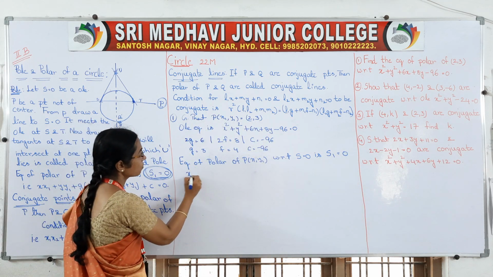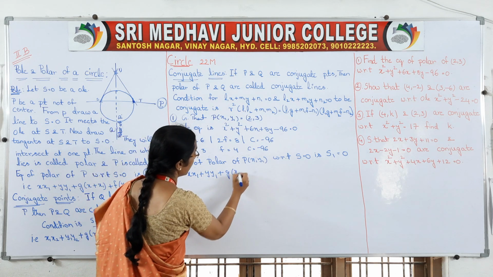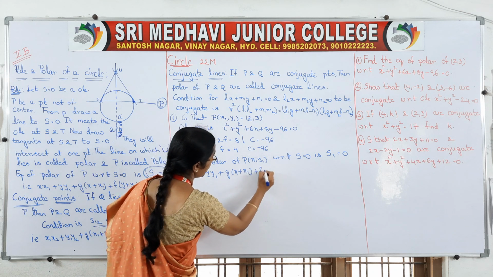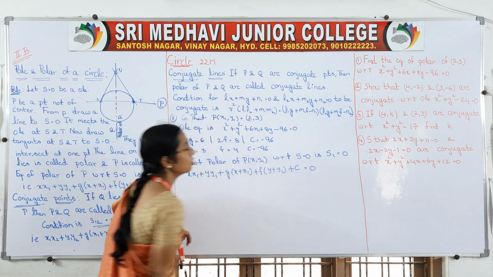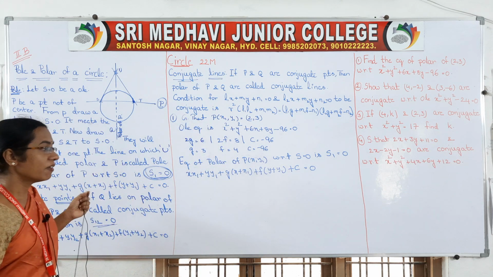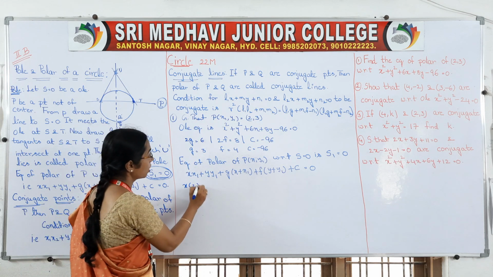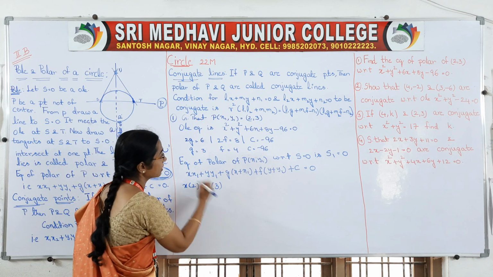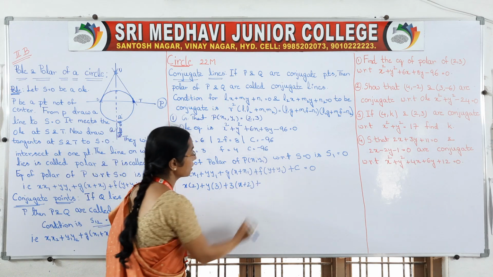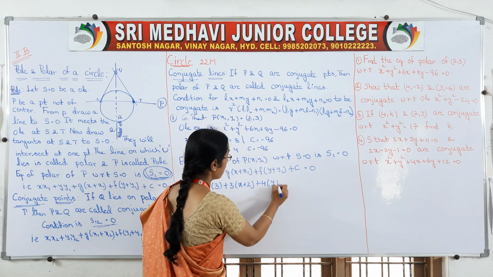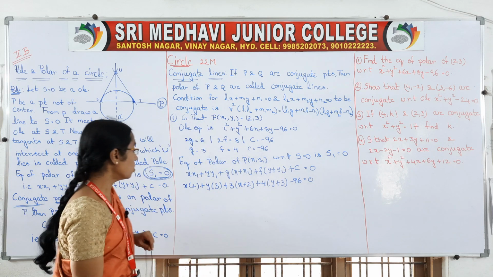So what is S1? x x1 plus y y1 plus g into (x plus x1) plus f into (y plus y1) plus c is equal to 0. So you got all the values, just substitute. x into x1 is 2, plus y into y1 is 3, g is 3, 3 into (x plus 2), f is 4, 4 into (y plus 3), c is minus 96 is equal to 0.